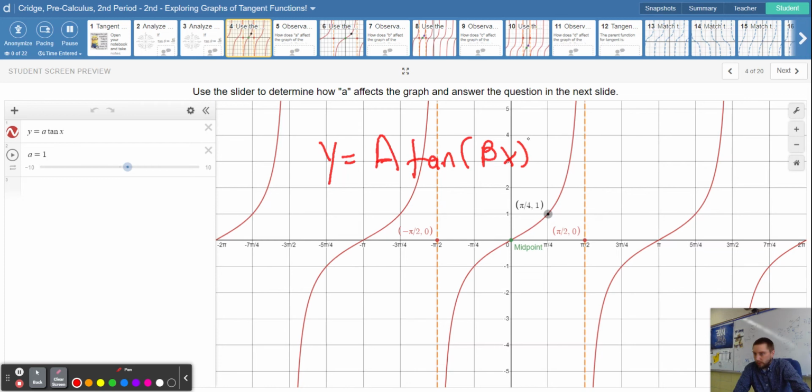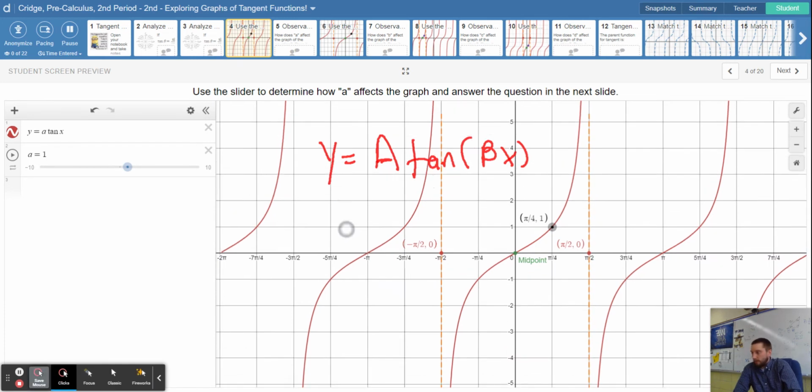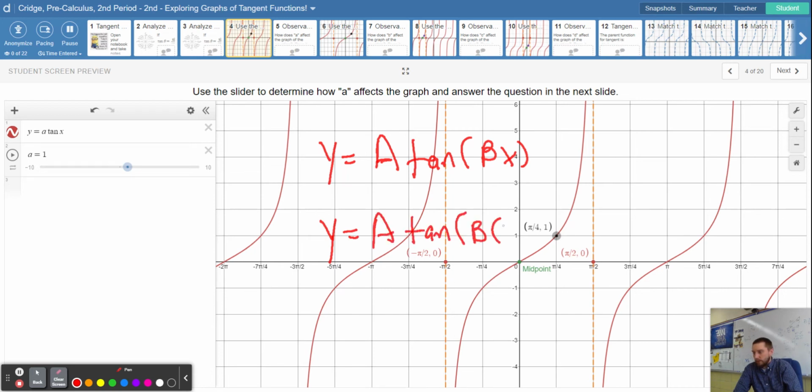Well, I guess we could have a shift in there. So it looks something like y equals a times tangent of b parentheses x minus c plus d.